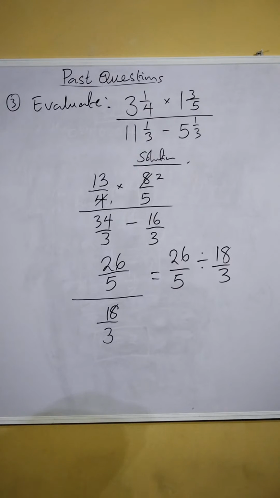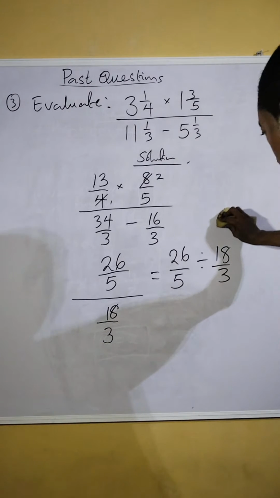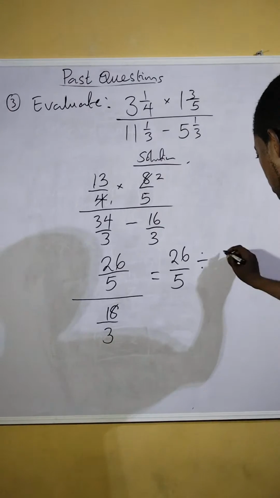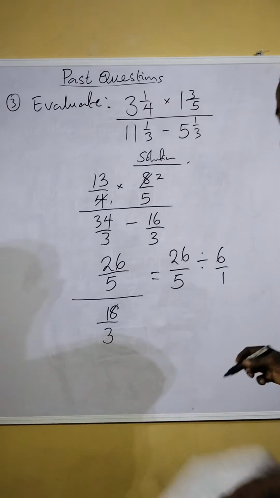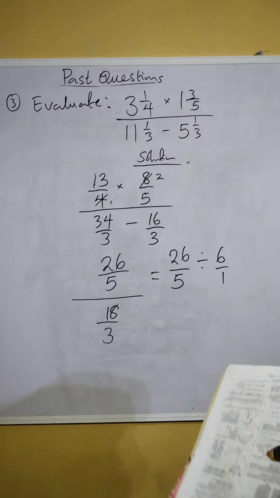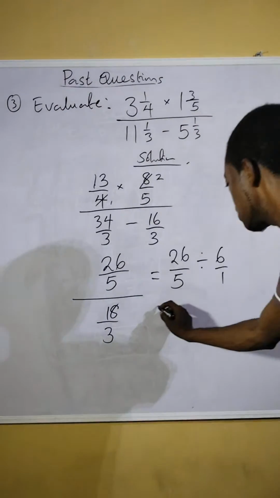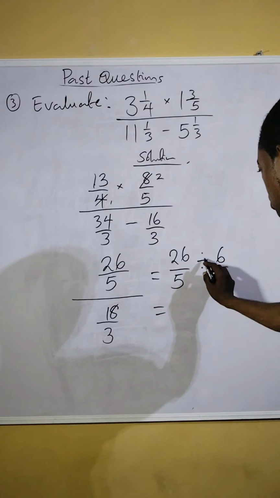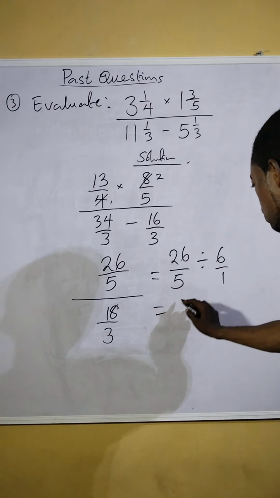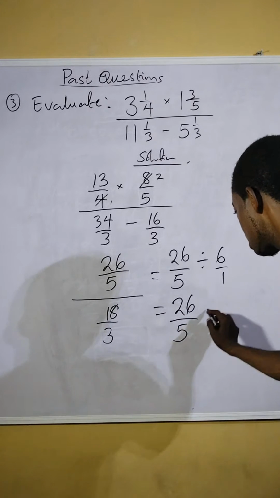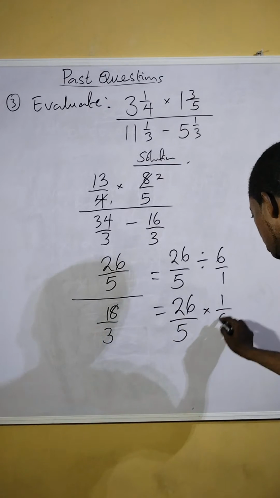Okay, so we can as well from here directly say that what we have here will simply be 6, which is 6 over 1, because here we can call everything here as 18 over 3 to be 6. And when we change this fraction now, division here we turn to multiplication, and we have 26 over 5 times 1 over 6.